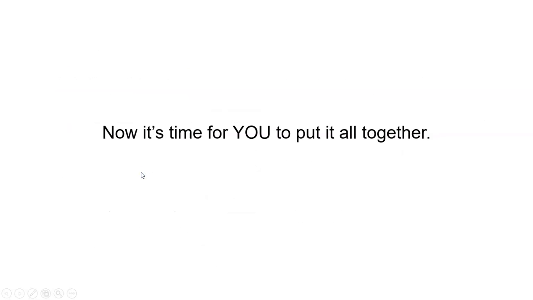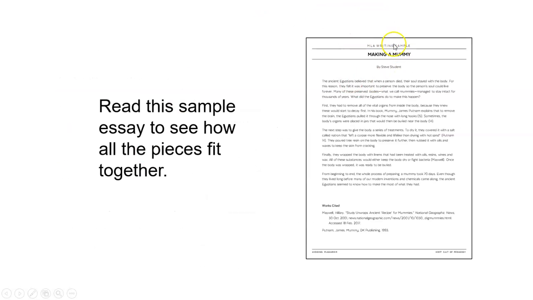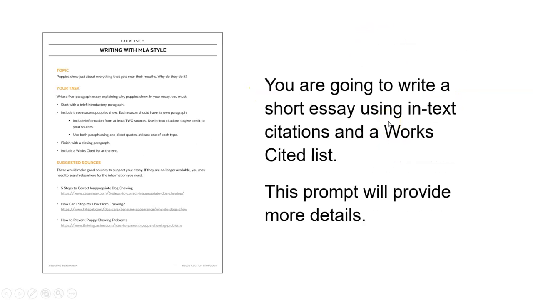So basically, guys, it should look just like this sample essay by Steve Student that we just read. His topic was how are mummies made. Your topic is why do puppies chew. You have some provided sources here. You could click on these links and use them to find information, or if you want to, you can go find a source of your own.